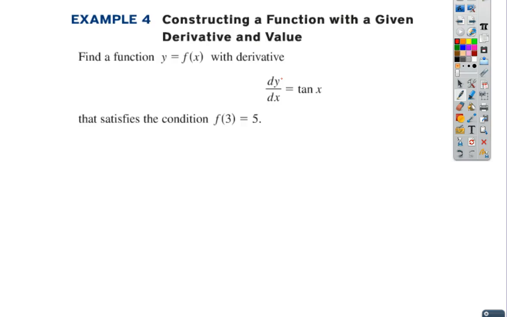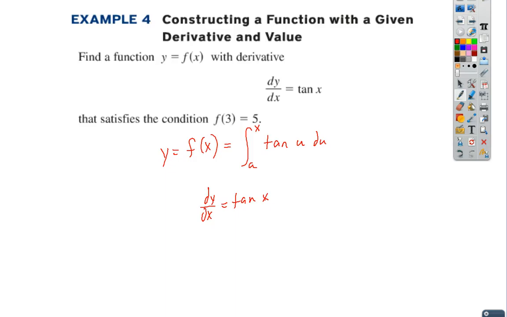All right, so we just got done talking about how if I make a function y equals f of x equal to the integral from some number a, we're going to pick that out later, to x of tangent of u du, then when I take the derivative dy dx, it is equal to tangent of x.